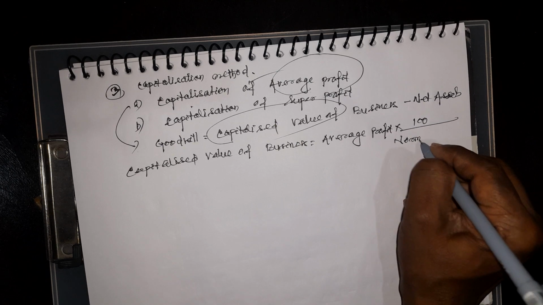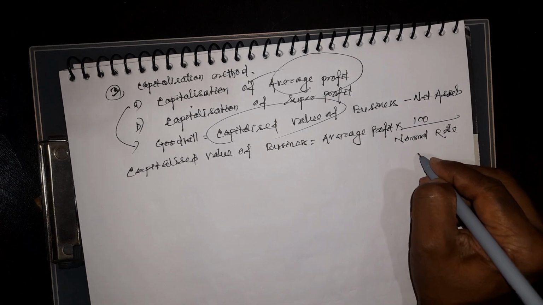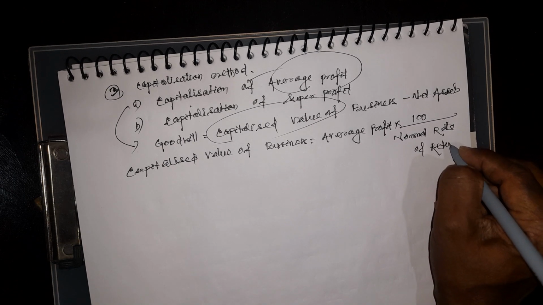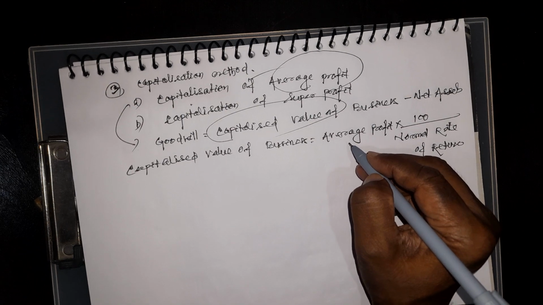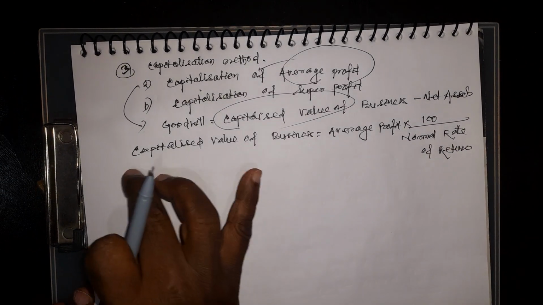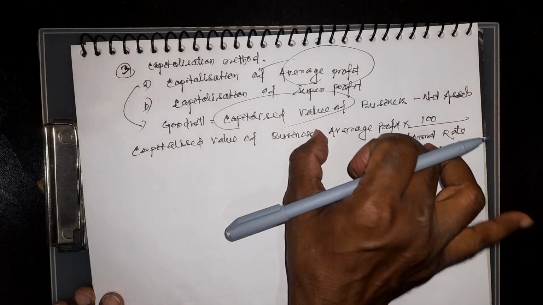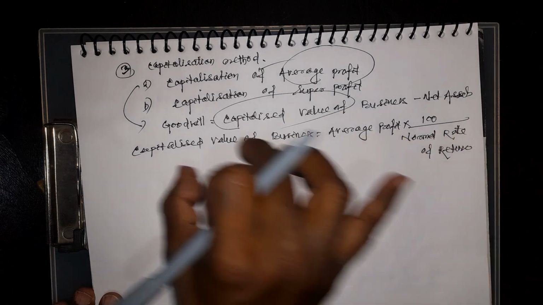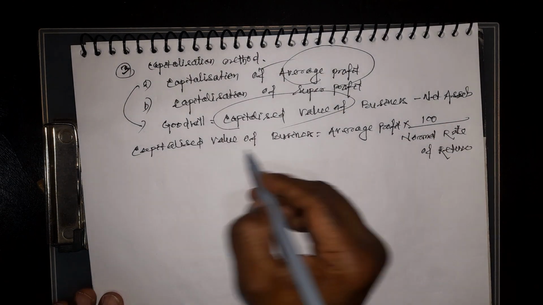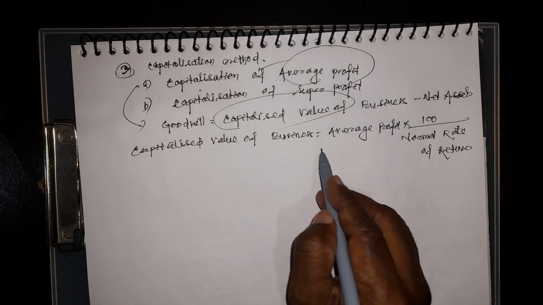This is the formula. Normal rate of return means for this much average profit, how much capital is needed to invest. That is the meaning of the capitalized value of the business. To get a specific average profit, how much capital is needed according to this normal rate of return. Clear? So this is the formula for calculation of the capitalized value of business.